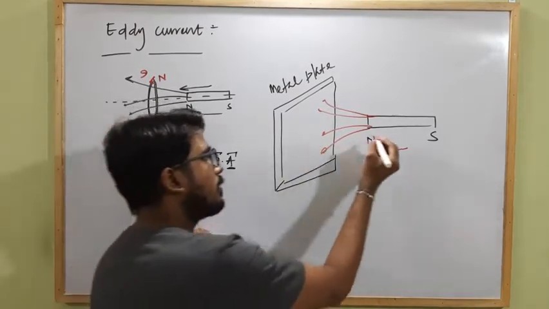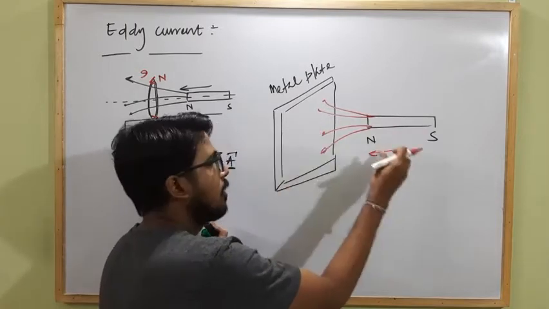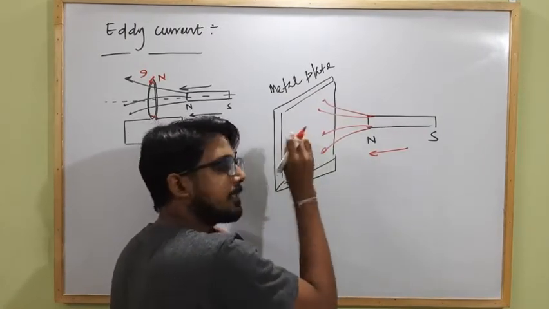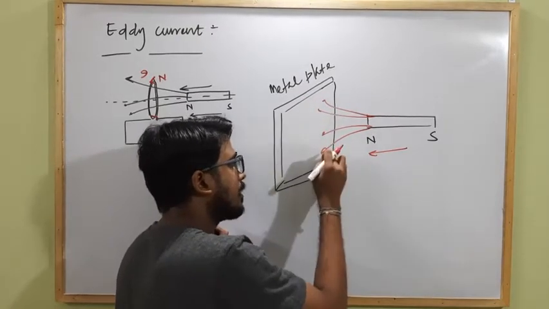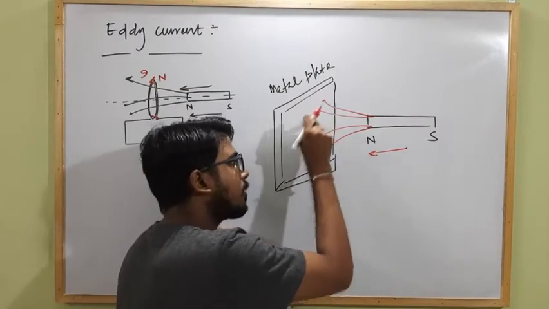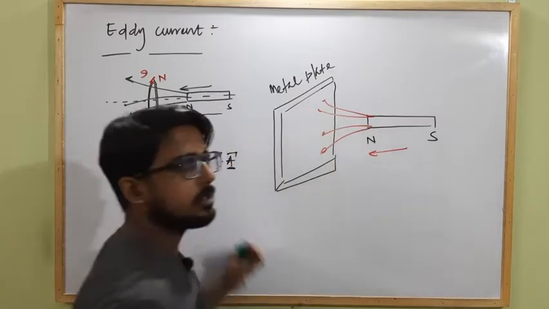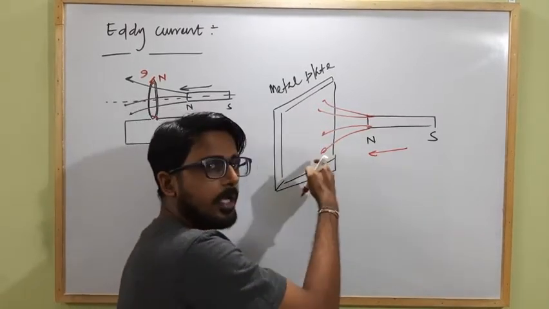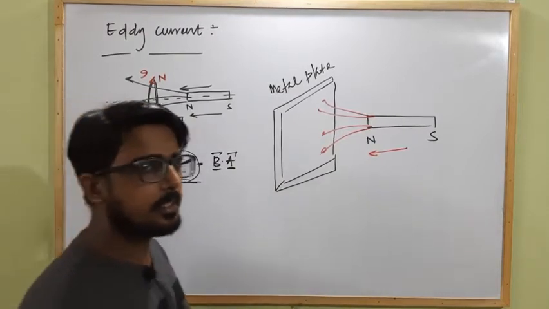Understood? When the bar magnet is moving towards the metallic plate, the flux linked with the plate changes with respect to time. As it's a metal, it has free electrons, so it is the property of this metal that it allows its free electrons to move in such a way, and we already know that when electrons start to move, they constitute an electric current.